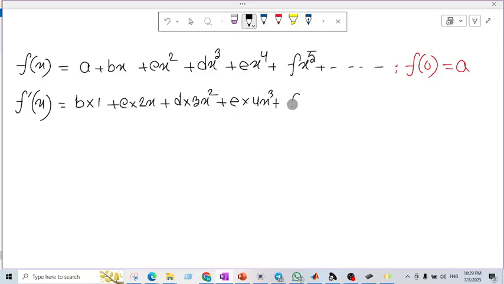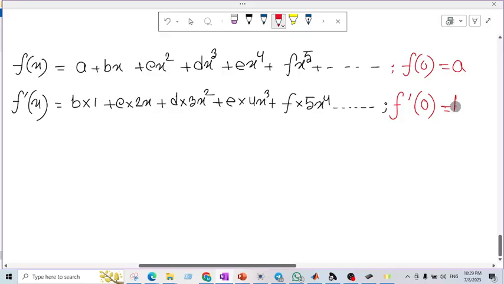Okay, we have to do differentiation a lot, but after all you will find the pattern. Okay, so you have to see the video gradually to understand the pattern. Now again I need to find the function when x is equal to 0, so f prime 0.